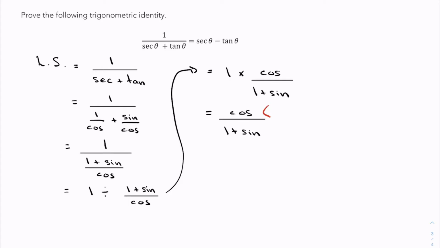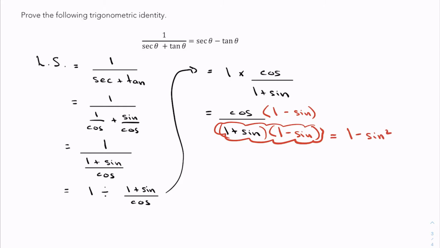Remember, 1 plus sine, if I multiply that by 1 minus sine, both top and bottom, this whole denominator here, okay, notice that's a difference of squares really, is equal to 1 minus sine squared, which according to our Pythagorean identity is the same as cos squared.